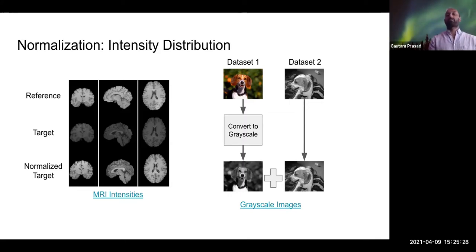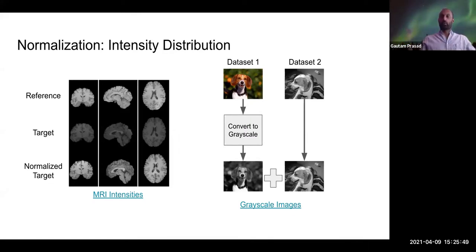And there are more sophisticated approaches. For a brain image, there are 3 different types of materials found in them: white matter, gray matter, and the cerebrospinal fluid. And so what we can do is go to each of those regions in the image and come up with their own histogram of intensities.